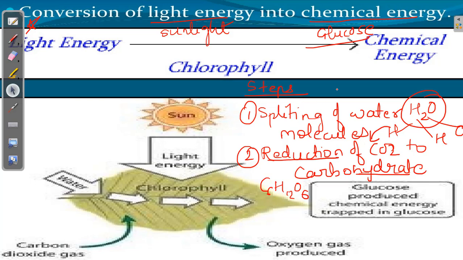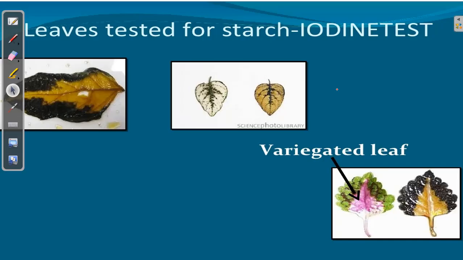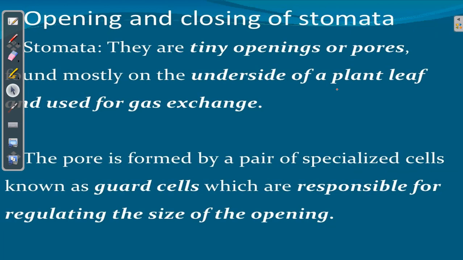Okay, next we said that the plant takes in carbon dioxide from the atmosphere. But what exactly is present in plants which allows carbon dioxide to enter the plant? Why does it not allow oxygen to enter the plant?